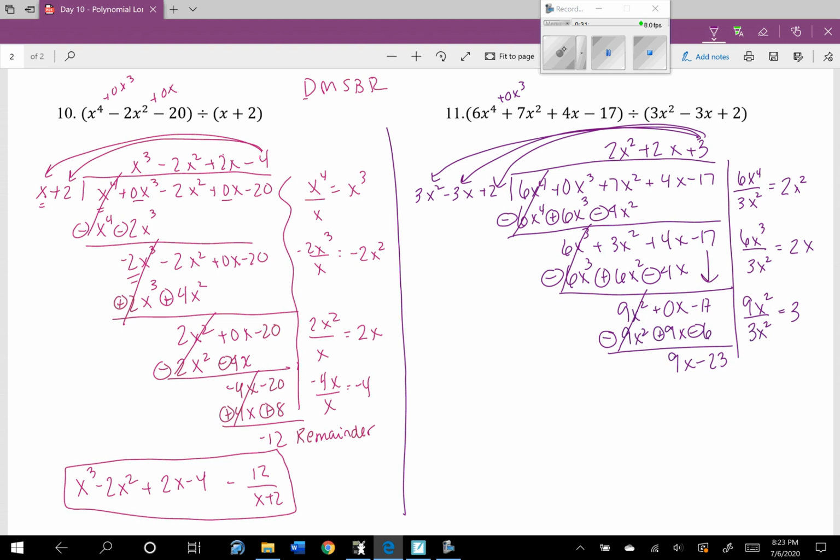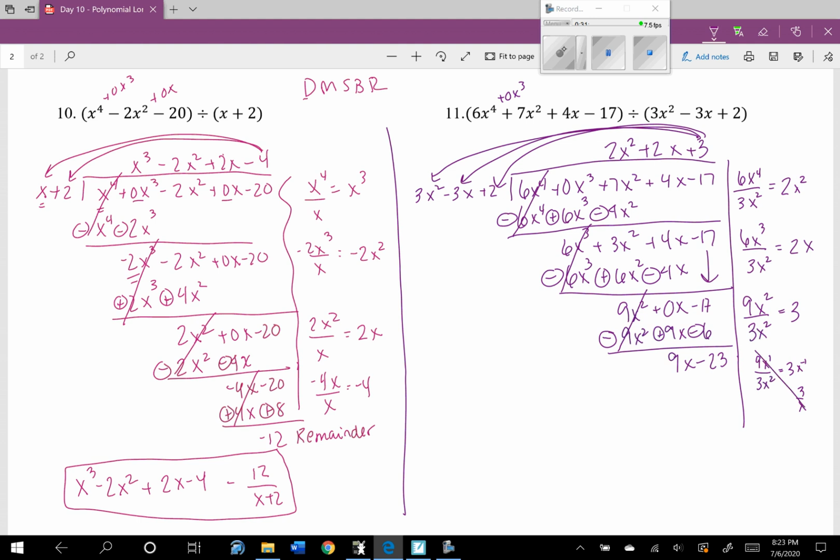And even if we try to divide the first terms again, I would have 9x over 3x squared, which if I did this right here, I would get, notice 9 divided by 3 is 3, and then this is x to the first power, so 1 minus 2 is x to the negative 1, so 3 over x.